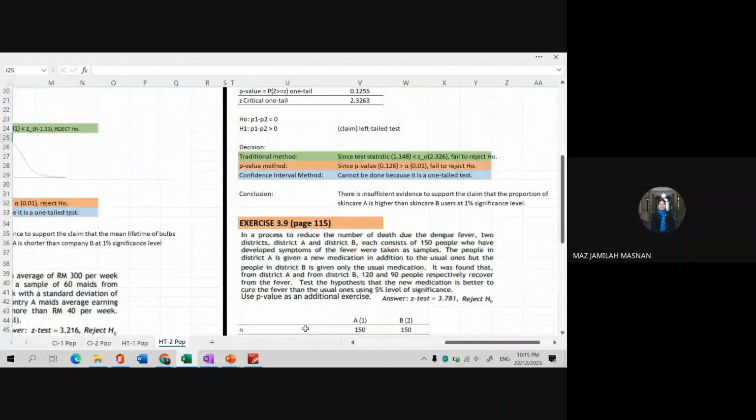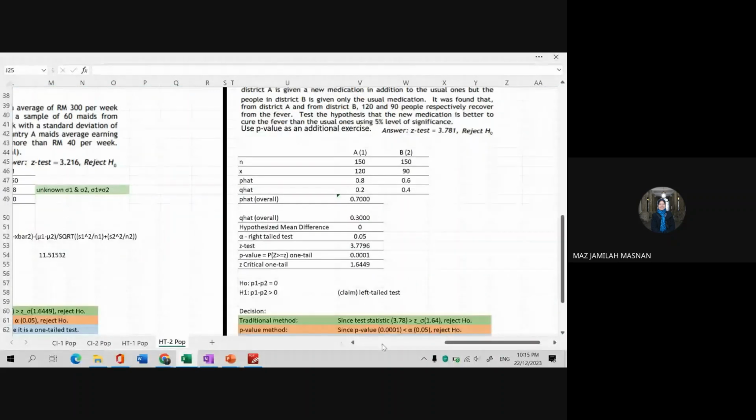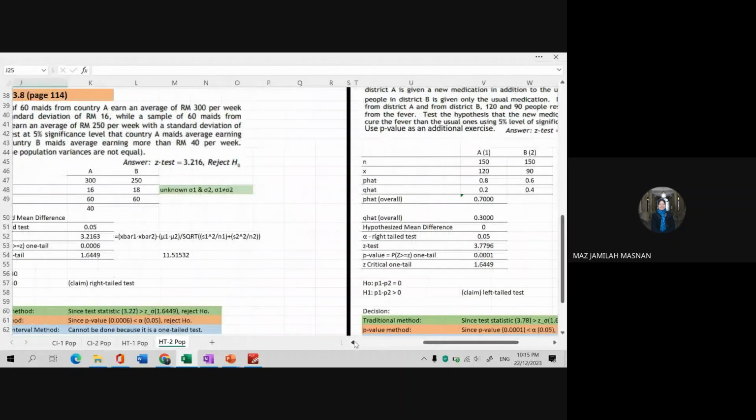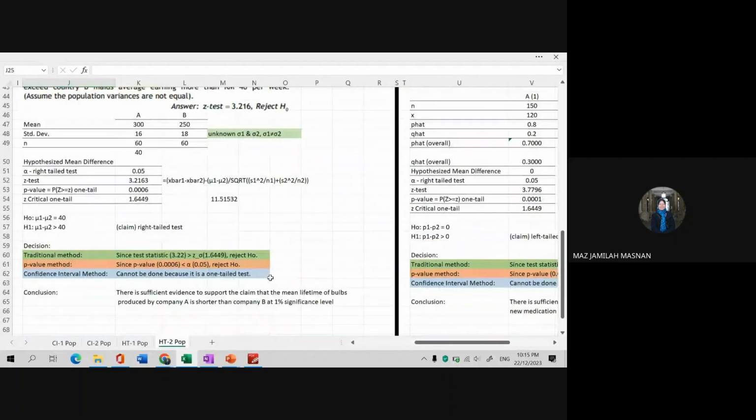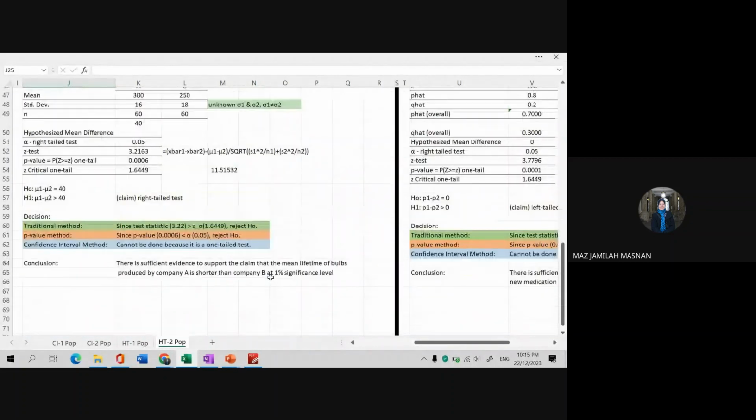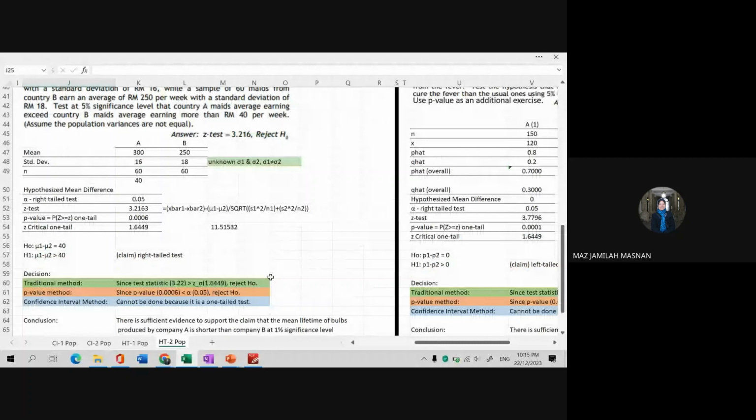So I really hope you can try on your own, and maybe before our assessment begins on Tuesday, we can have a discussion for a while, if you still have any problem with questions related to two populations for hypothesis testing.